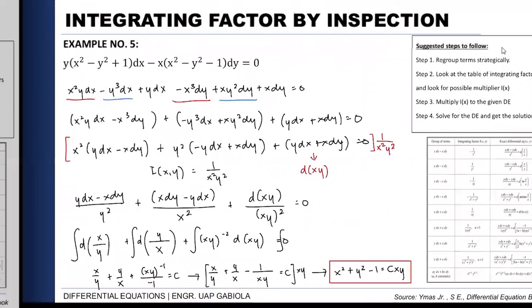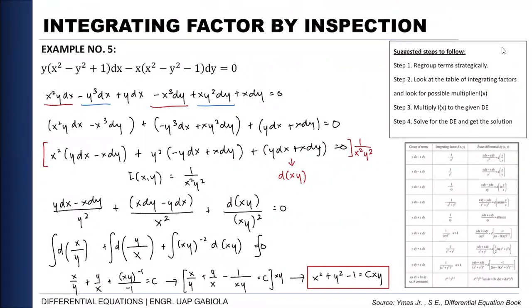Okay? So, as you can see, we have arrived at the three groupings that we can actually identify to determine what integrating factor is possible. But when deciding on the integrating factor, you have to account for all the terms inside the differential equation.